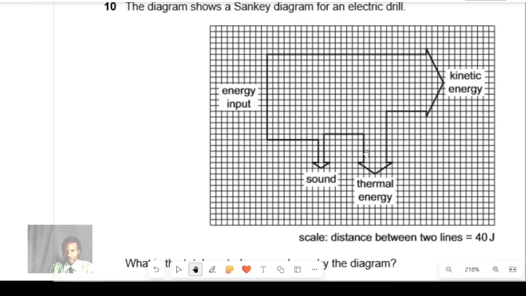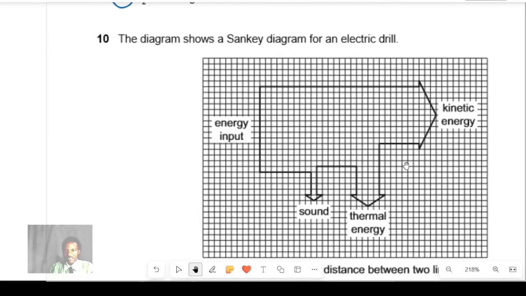What is a drill used for? A drill is basically used for creating holes. So if you talk about an electric drill, which one is the useful energy? It is the kinetic energy used for turning the drill bit. So this is the useful energy, and this is waste, and the sound made by the drilling machine is also wasted energy.